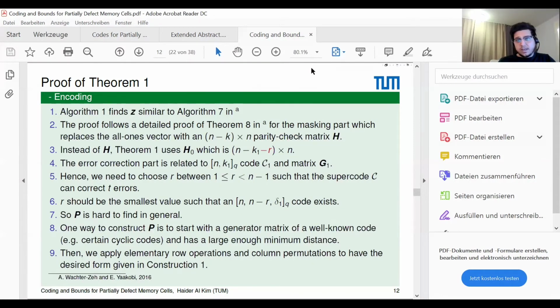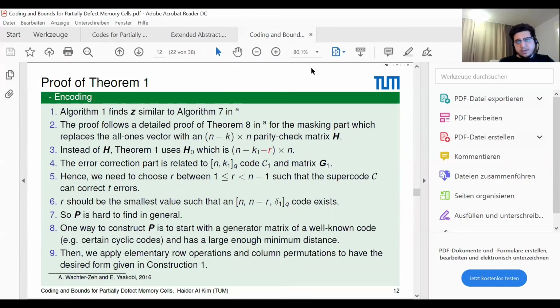This is the dimension of H naught, n minus k1 minus r multiplied by n. The error correction part is related to the n,k code C1 and matrix G1.